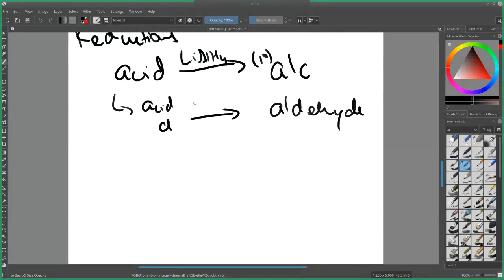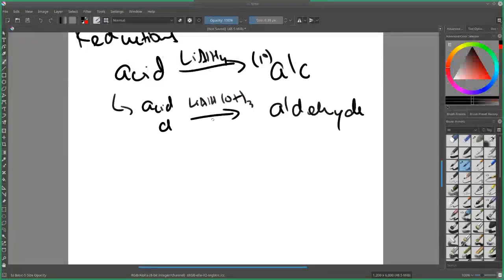And to do that, you have to use one of those special reducing agents. So in this case, I think it is lithium aluminum tri-tert-butoxyhydride. I'm pretty sure this is the one that you use in this case.